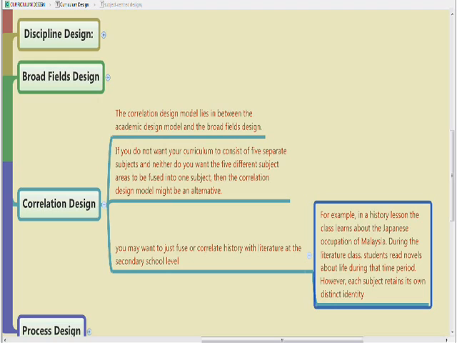Now, in some schools, particularly primary schools, they call this thematic teaching. They do not integrate the subject into a single subject, but they integrate it through themes. So, for example, if this week we're going to talk about evolution, or let's pick something less controversial, environmental pollution, then the science teacher will bring certain issues to talk about environmental pollution.